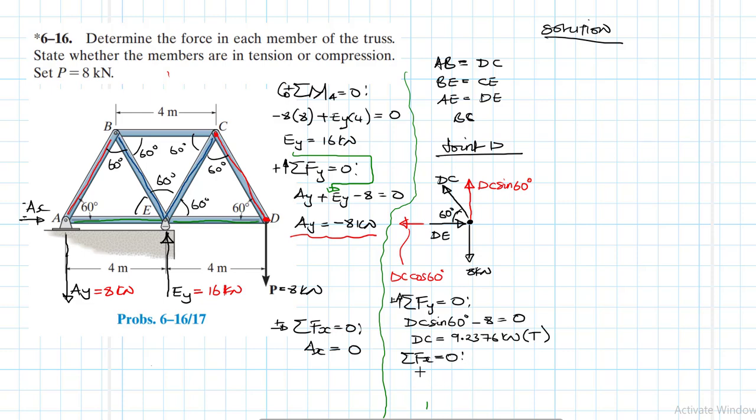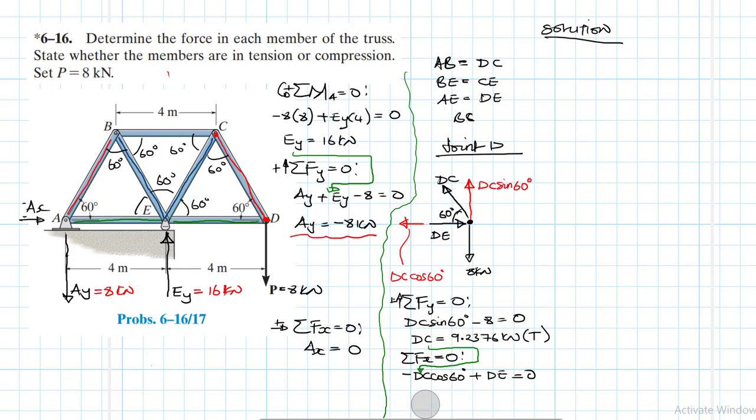What do we have? We have minus DC cos 60 plus DE equal to 0. We've already found DC, which is this one here, so we just replace it there. Okay, so once we do that, then we have our DE.